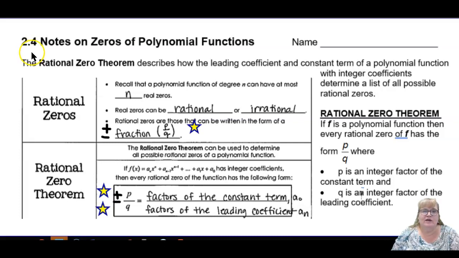So we're going to talk about finding all the zeros of polynomial functions, not just the real ones today. But we're going to start out finding the possibilities of all the rational zeros. Now, rational, remember, means can be written as a fraction.